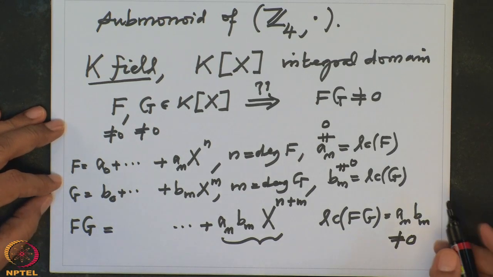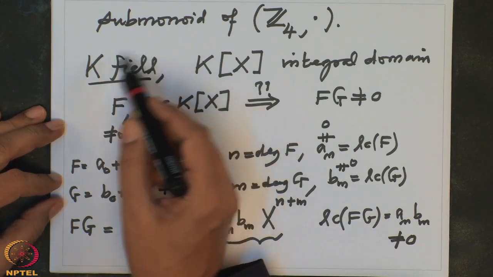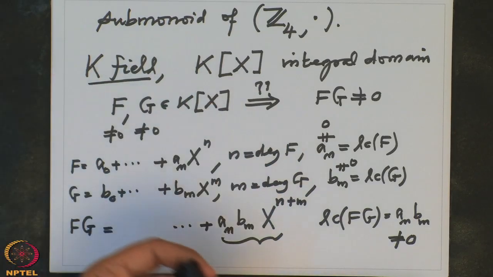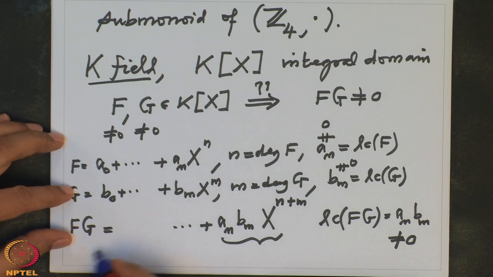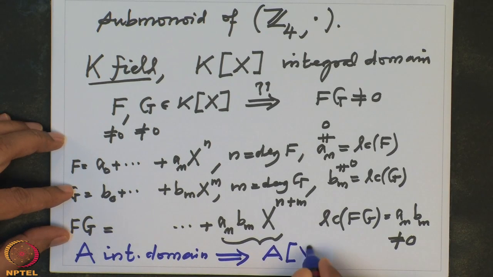Fields are integral domains. So therefore this cannot happen. In fact, we don't even need K to be a field. It's enough that it's an integral domain. That is what we have used. So in fact, if A is an integral domain, then what we have proved is A[x] is also an integral domain.